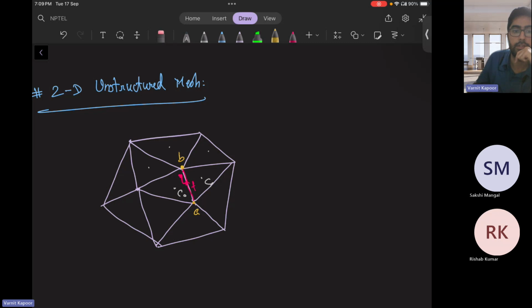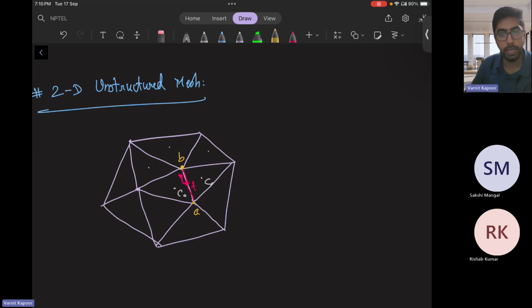For the 2D unstructured mesh we are talking about, how to calculate this quantity at the cell center, again, dou phi by dou eta at that face? Again, we have the challenge here. So we can calculate dou phi by dou eta at C naught. We need to know the north and south values here for the C naught.